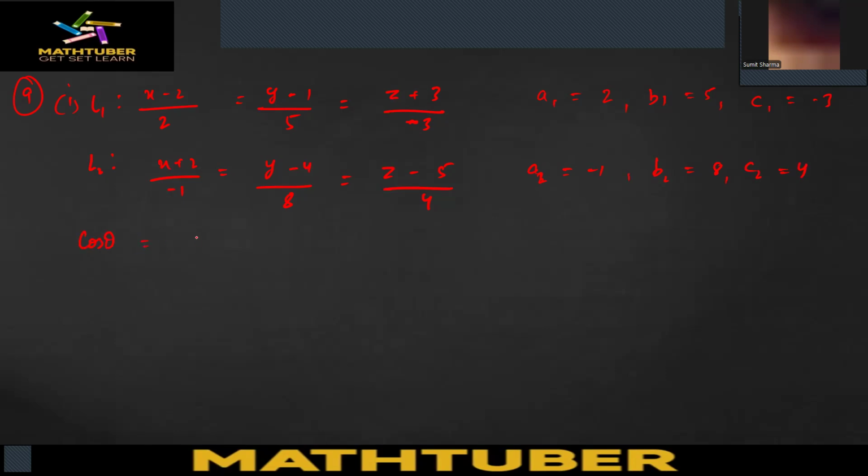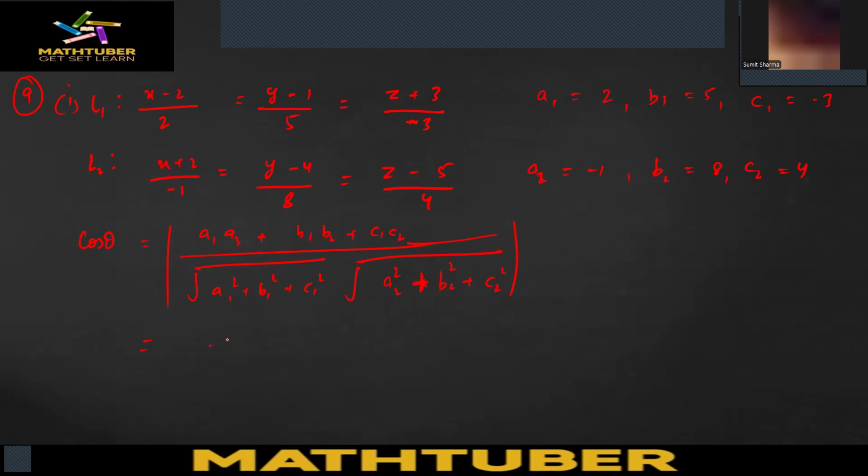So cos theta will be equal to A1 A2 plus B1 B2 plus C1 C2 divided by under root of A1 square plus B1 square plus C1 square, under root of A2 square plus B2 square plus C2 square, modulus.